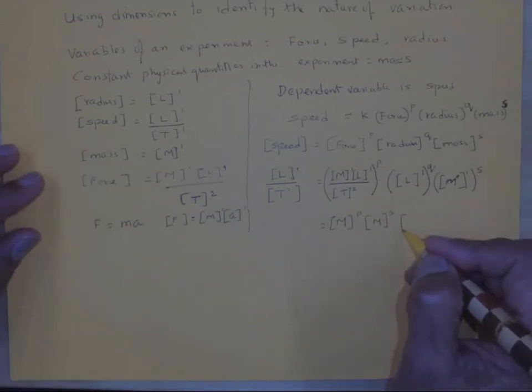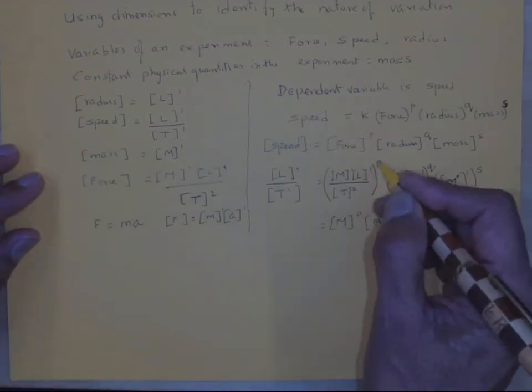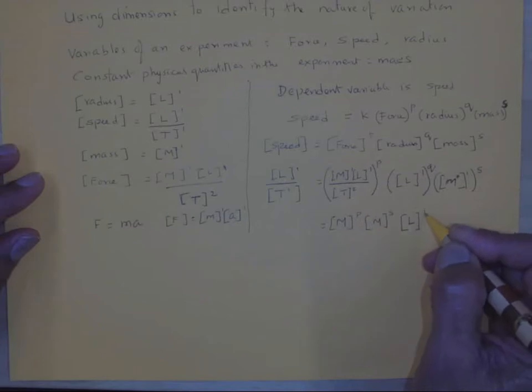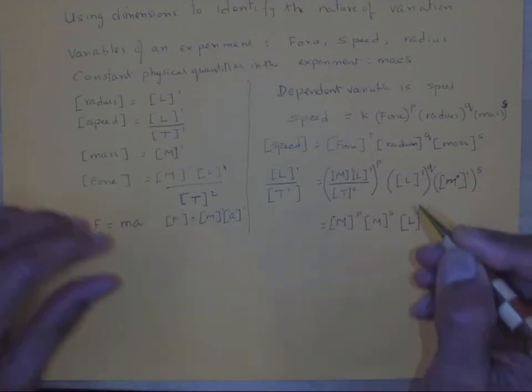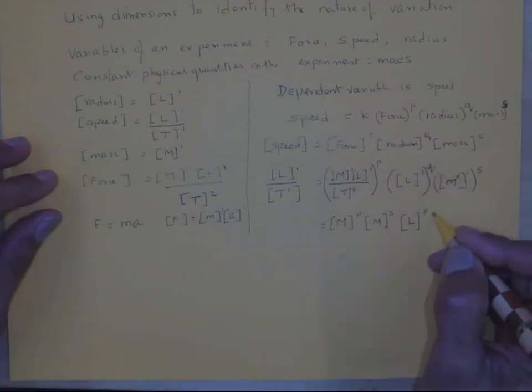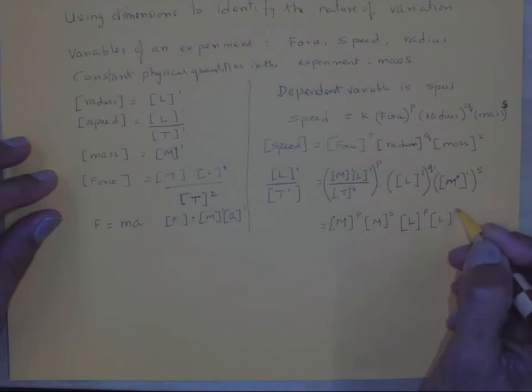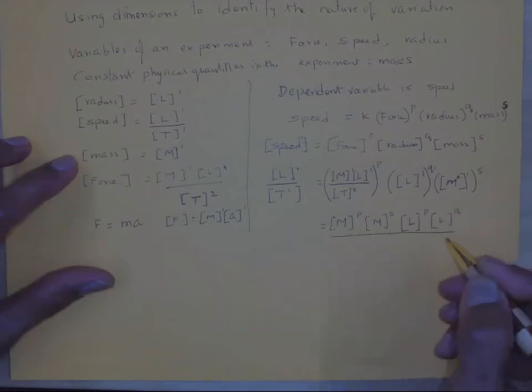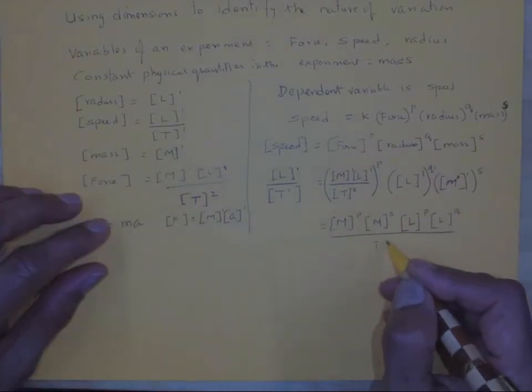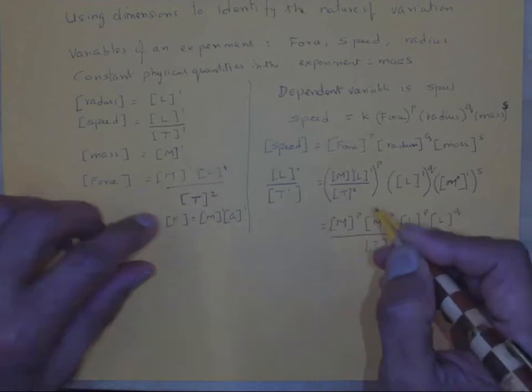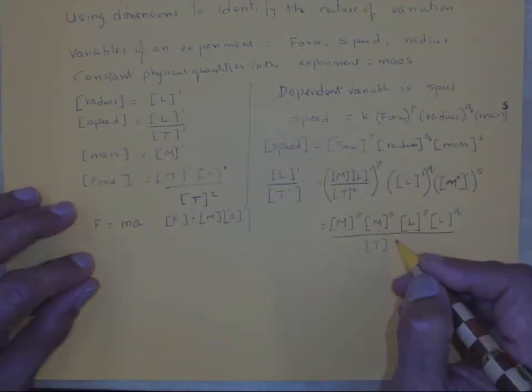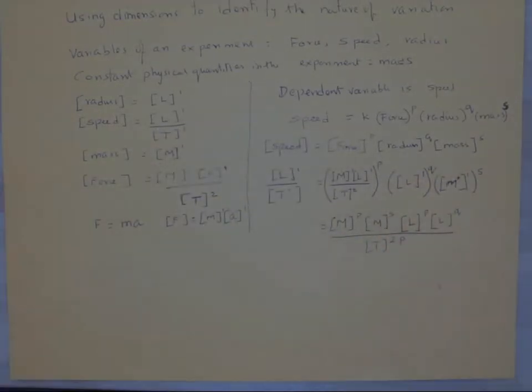L raised to 1 raised to P will become L raised to P. The other L term, L raised to 1 raised to Q, will become L raised to Q. And the only term in T is T raised to 2 with the whole thing raised to P, so it will be T raised to 2P.